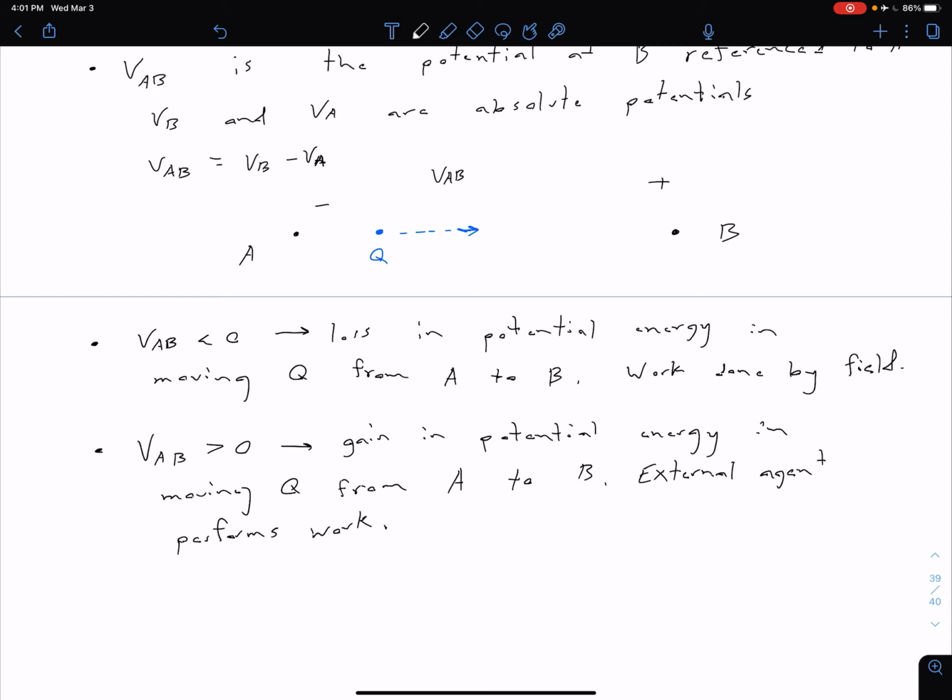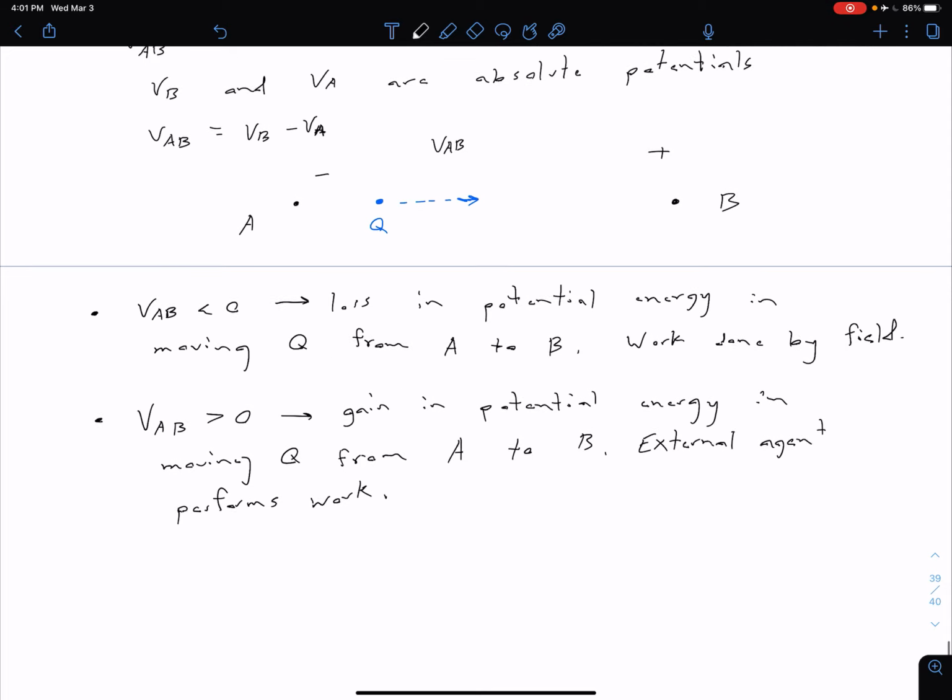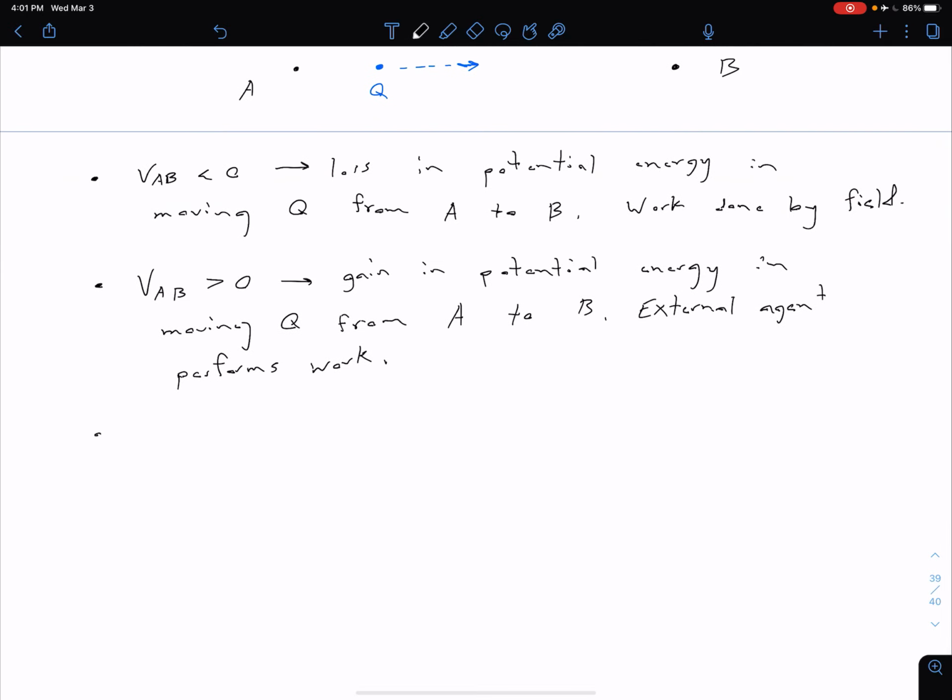A couple other notes about our VAB in general. We're going to come back and talk about this later in more detail, but it turns out that our VAB is independent of the path taken.